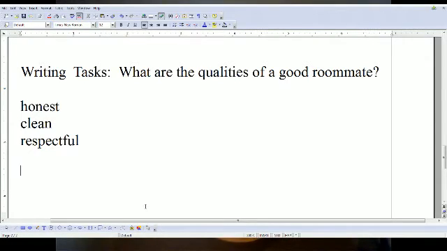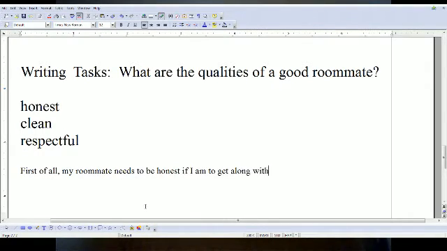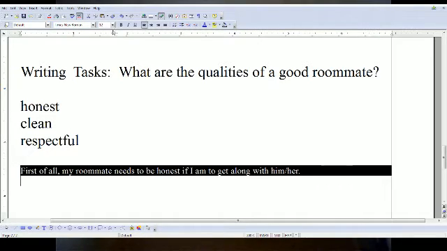So the purpose of a transitional sentence is to link old information to new. So you might say, let's use transition words on this one. So first of all, so you state this sentence here, right?